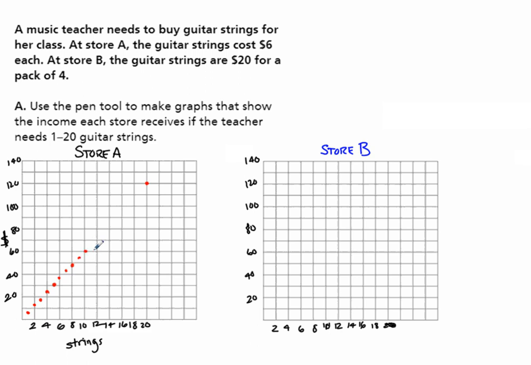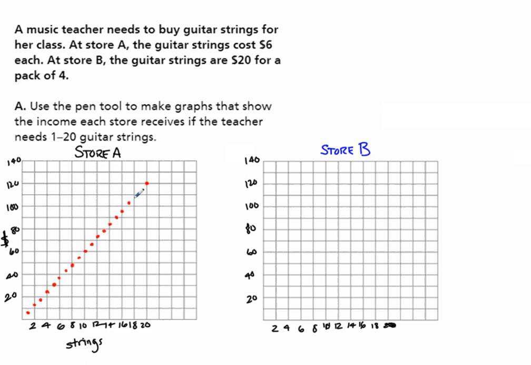10, 60, 11, 66, 12, 72, plus 6 is what? 78. 14, 78 plus 6 is 84. 15 is 90, even. 16 is 96. 17 would be 102.